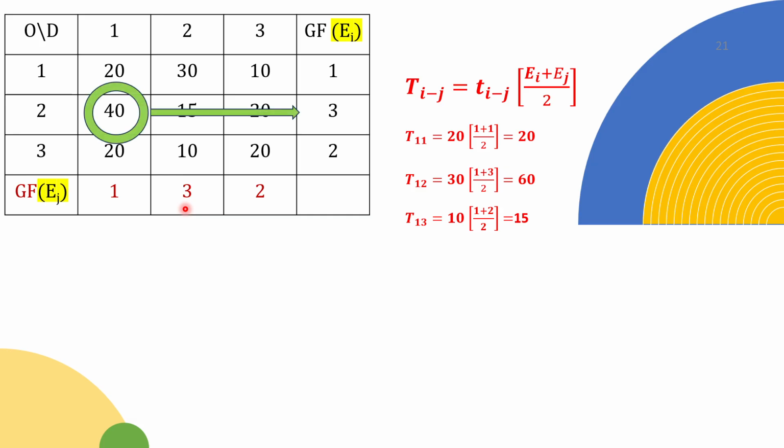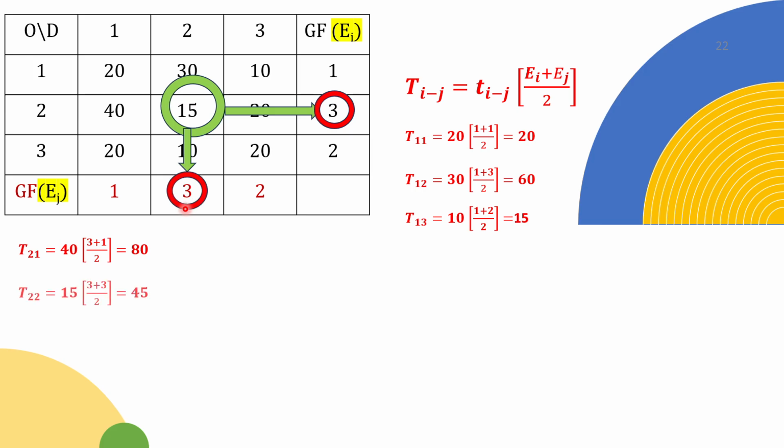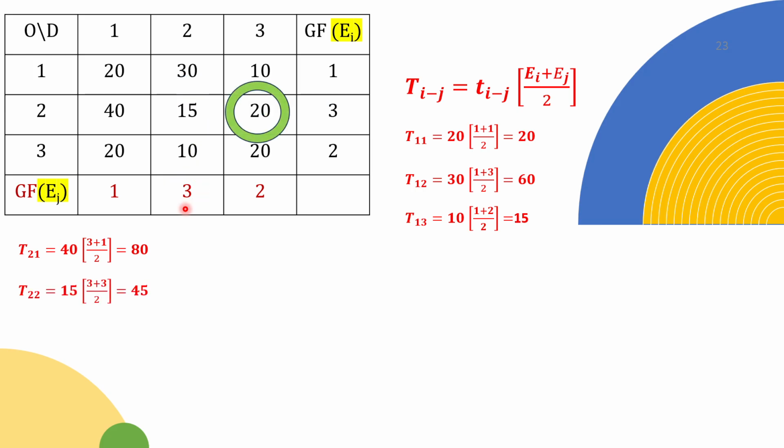For T21, it is 40 into (3 plus 1) by 2, which is 80. And for T22, 15 into (3 plus 3) by 2. And for T23, 20 into (3 plus 2) by 2 and so on. So you do the same thing. For T31, it is 20 into (2 plus 1) by 2.